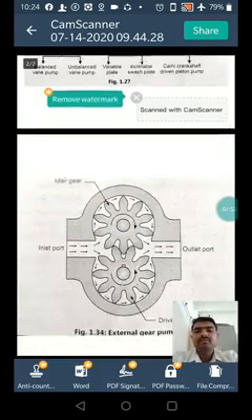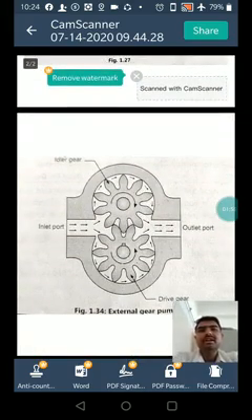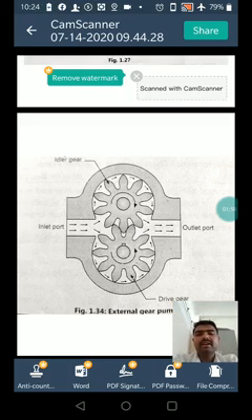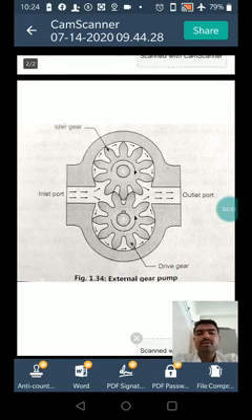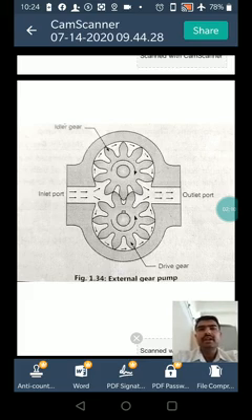Then we'll see the construction and principle of working of the external gear pump. The figure shows an external gear pump. A gear pump can further be classified as external gear pump and internal gear pump.